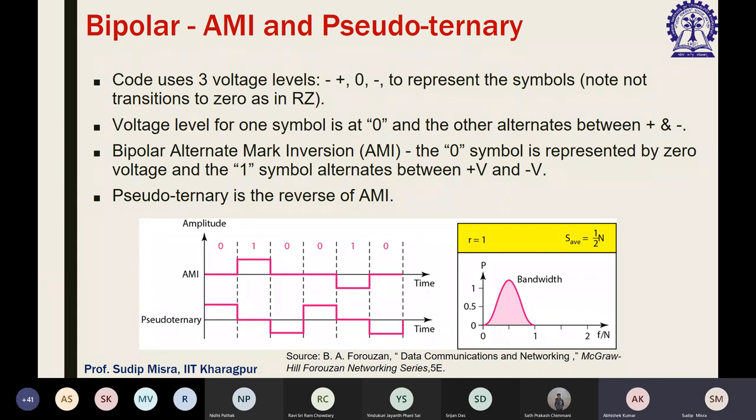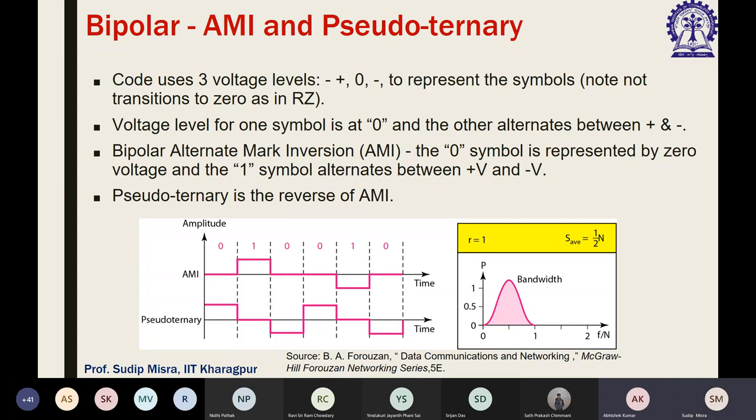The voltage level for one symbol is going to be at 0, and the voltage levels for the other basically alternate between plus and minus. AMI refers to alternate mark inversion, bipolar alternate mark inversion.